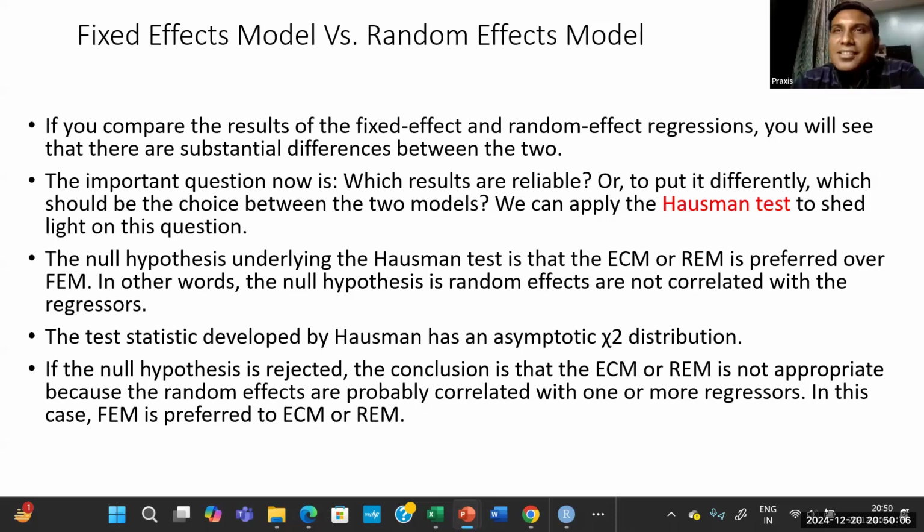It is not going to be the case. It is correlated, and that is the recognition given in the fixed effect model, and hence the fixed effect model is more acceptable because you cannot defend this assumption.